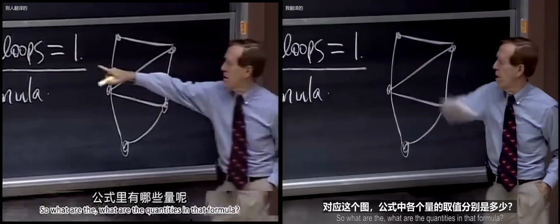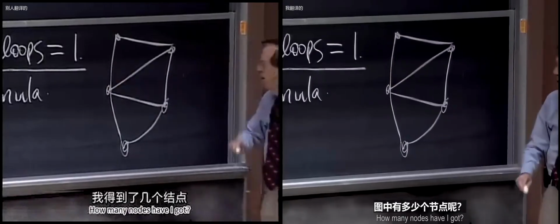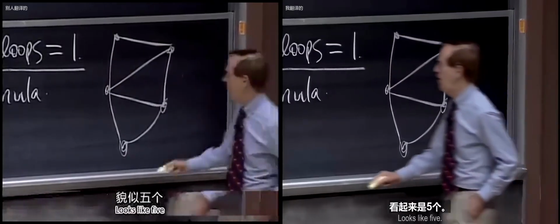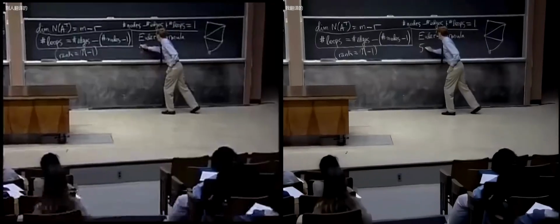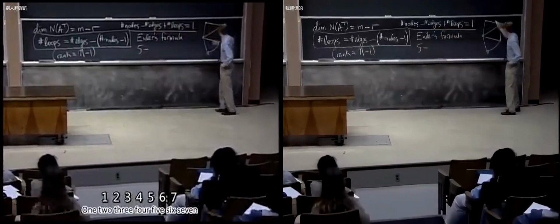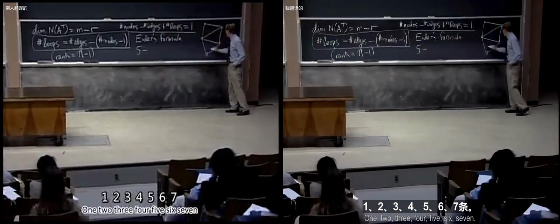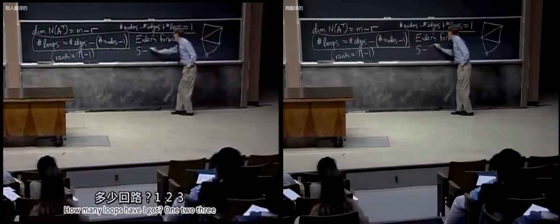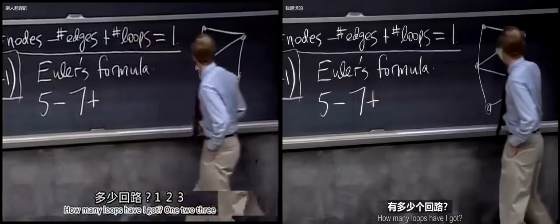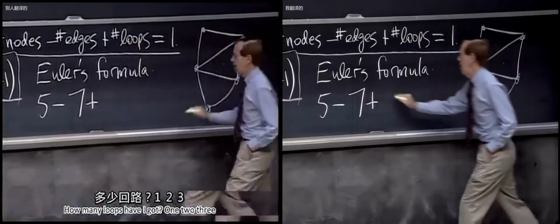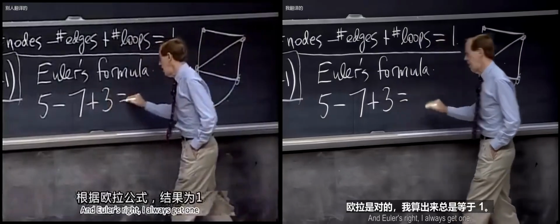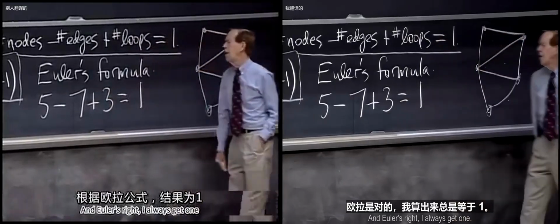So what are the quantities in that formula? How many nodes have I got? Looks like 5. How many edges have I got? 1, 2, 3, 4, 5, 6, 7. How many loops have I got? 1, 2, 3. And Euler's right. I always get 1.